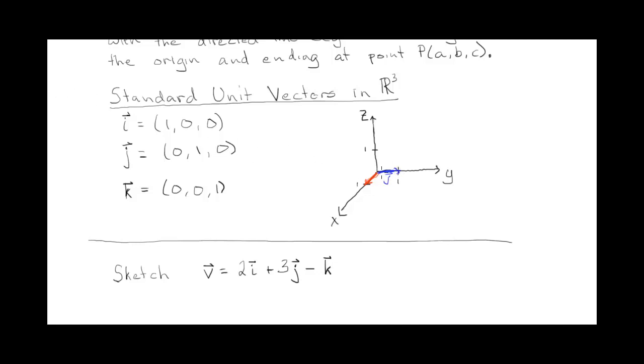And then now we have k. So this would be your k vector. So this was i. Okay, so we have those three standard unit vectors.